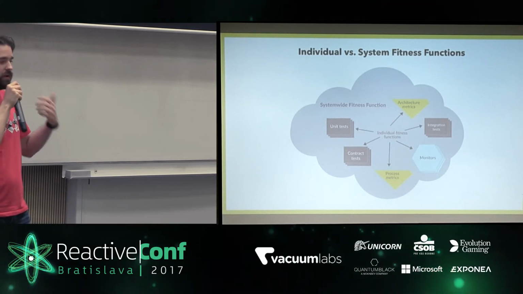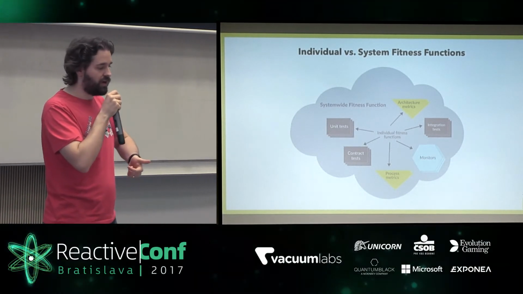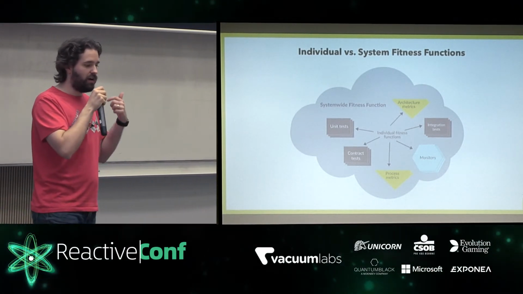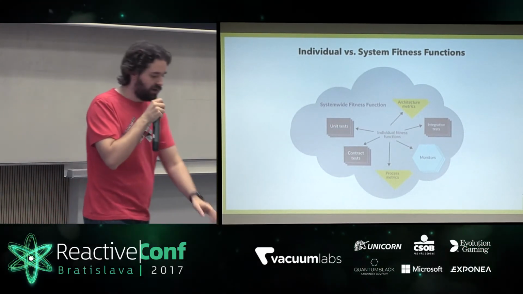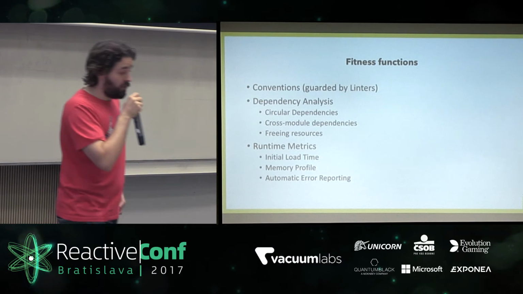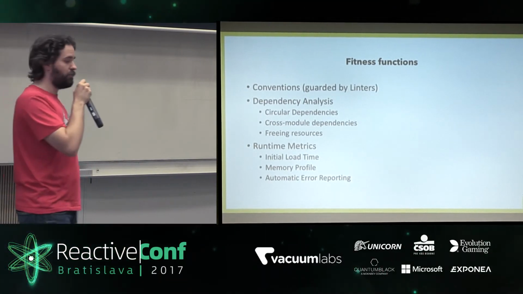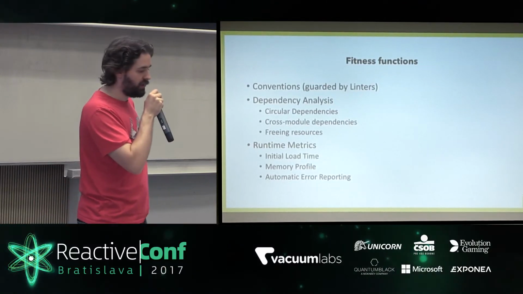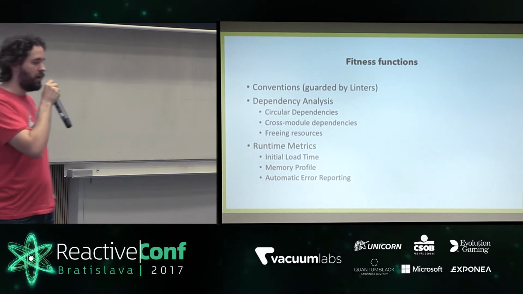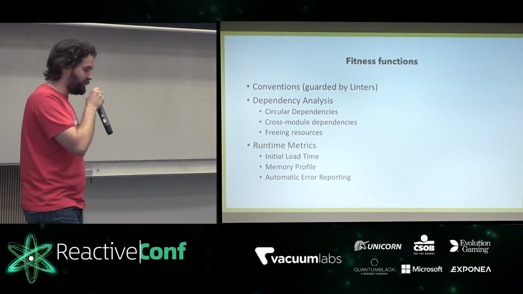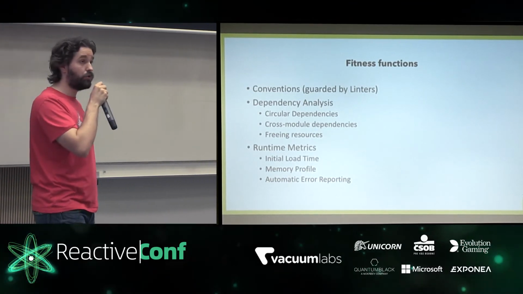For example, how many errors that were released to production have you noticed? What's the runtime performance? What was initial load time, and so on. For example, some conventions that are guarded typically by linters could be taken as a fitness function. Some static analysis applies as well, like dependencies between projects.